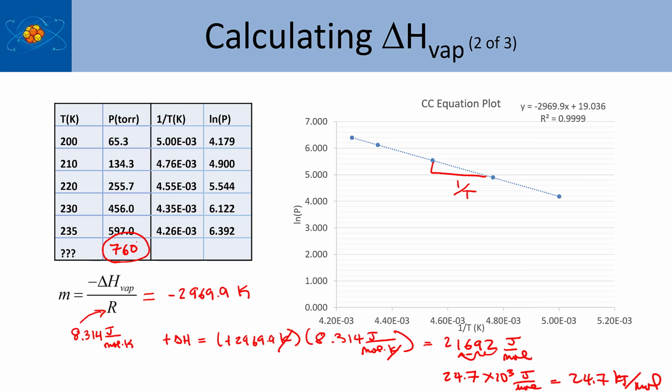That's the pressure for the normal boiling point, 1 atmosphere. So in essence, what we're doing now, I have this equation. I have the natural log of the pressure that I can calculate and plug into this equation and then solve it for the temperature at which the vapor pressure is 760. So let's work that out on the next slide.